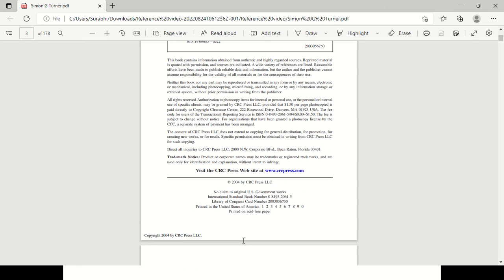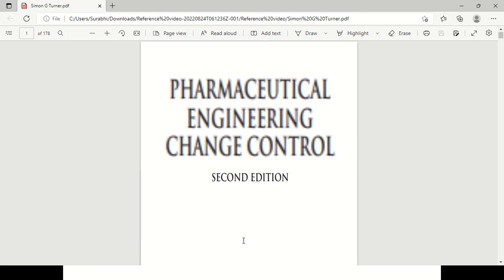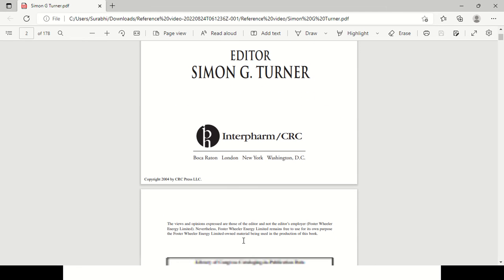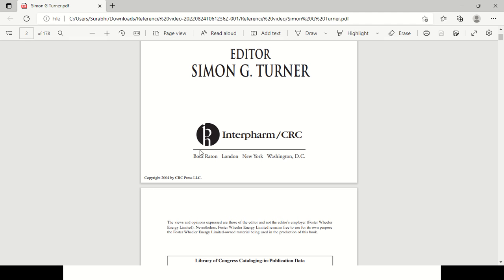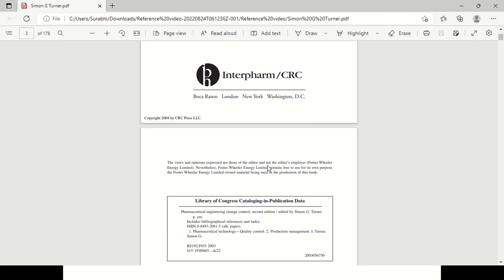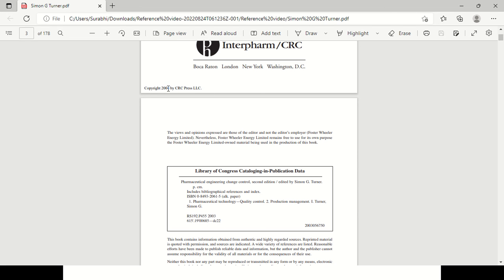The same book can be published in Boca Raton, London, New York, Washington DC. So you can write any place of publication, like you can write Boca Raton, London, New York, Washington DC, anything. And it is by CRC Press LLC and it is published in 2004.